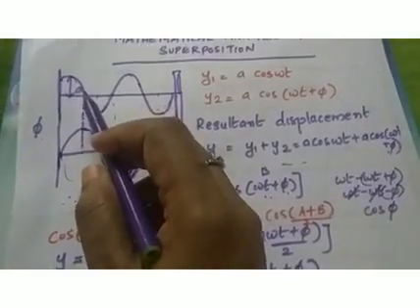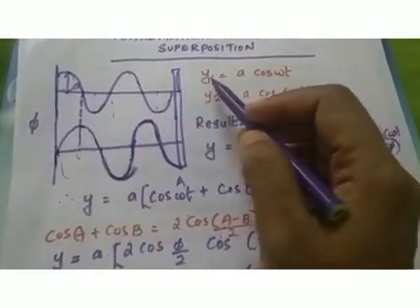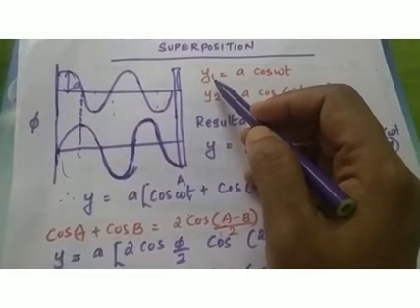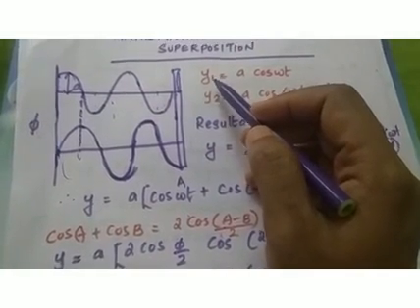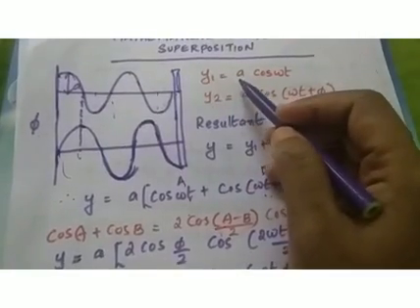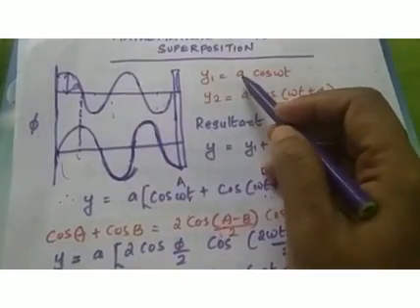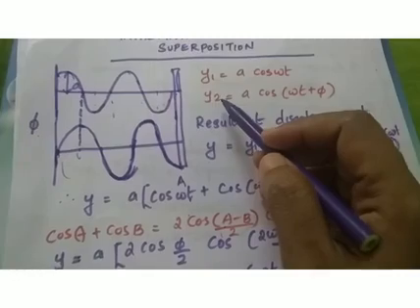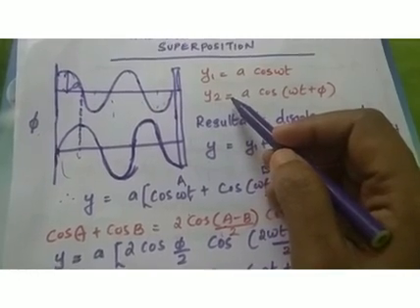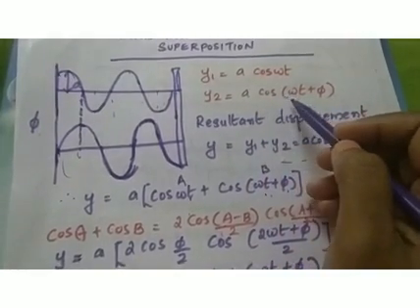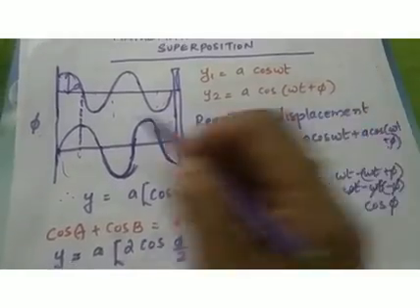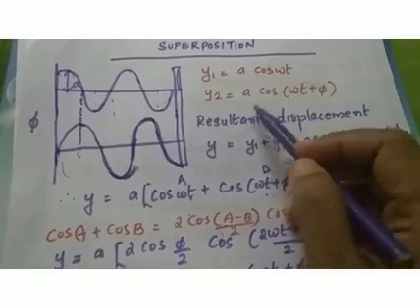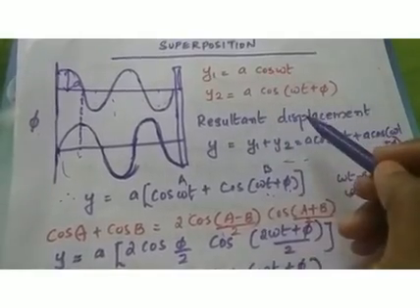Since we have two waves here, let the displacement of the first wave be denoted by y1 equal to a cos omega t, where a represents the amplitude of the wave. Let the second wave be represented by y2 equal to a cos(omega t plus phi). This phi represents the phase difference between these two waves.